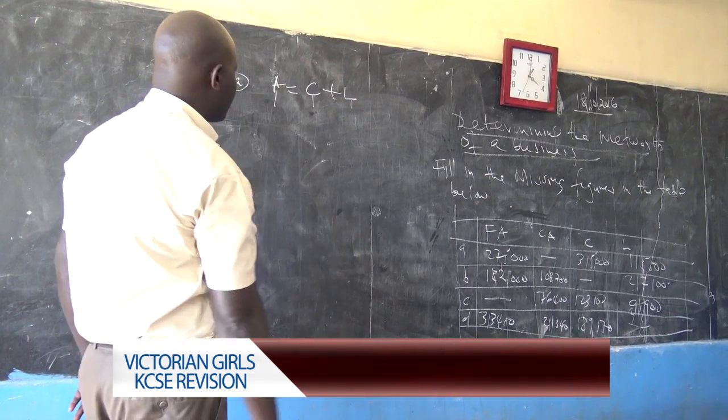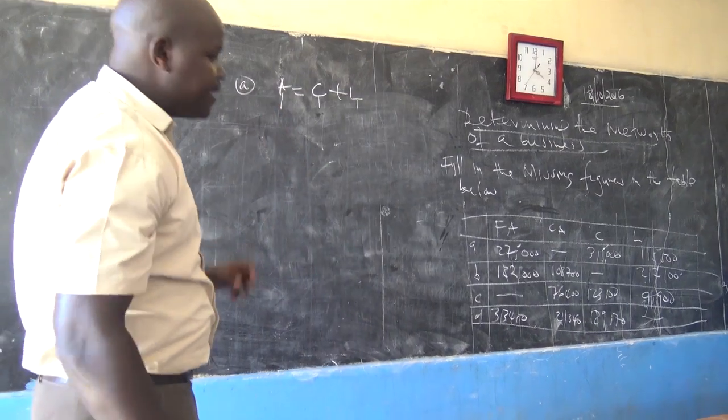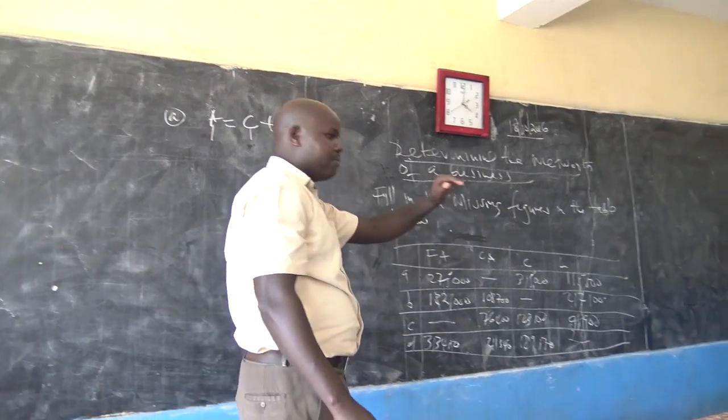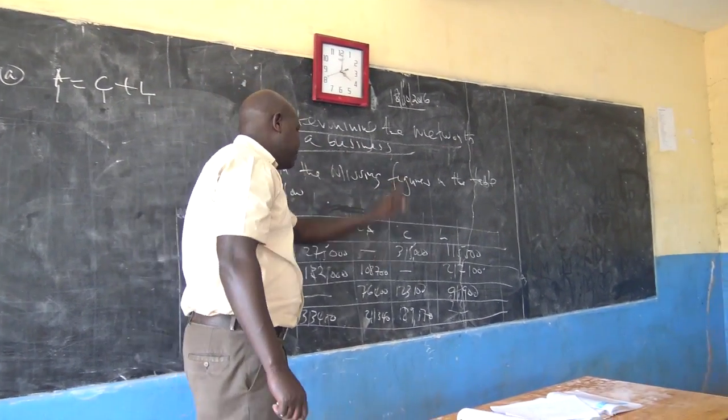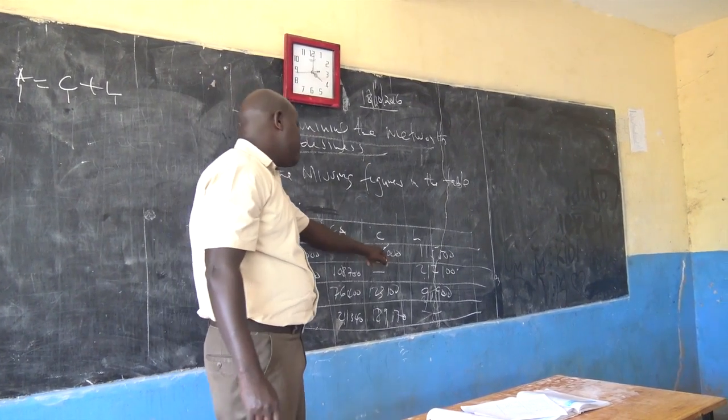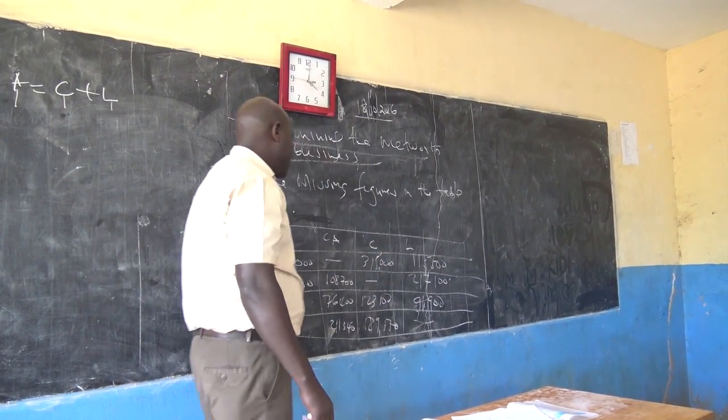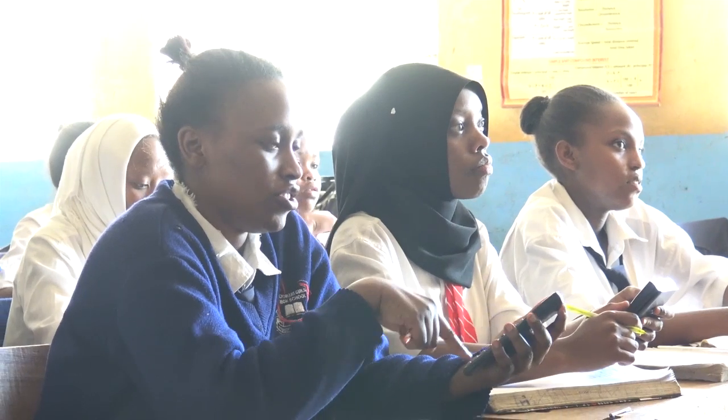Now for this question, we have fixed assets. We are missing current assets. Yes. We have capital and liabilities. Are you together? Of how much?